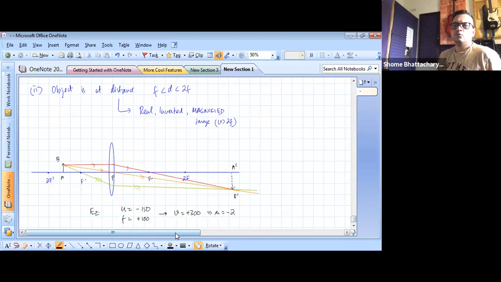Now, what I want to focus more on in the analysis part today is the virtual object situation.